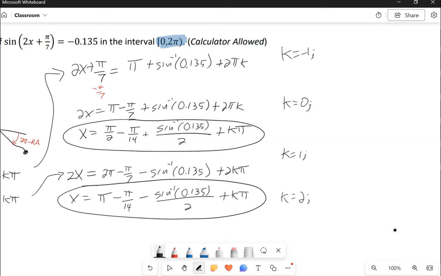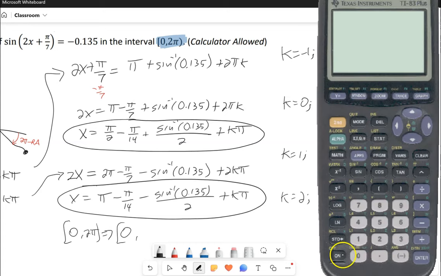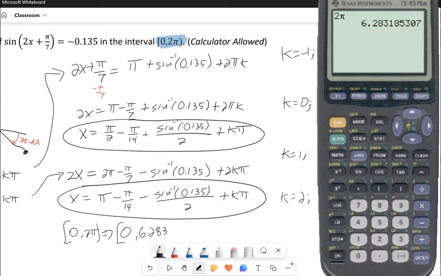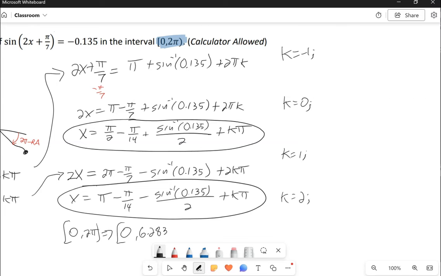Now keep in mind, 0 to 2 pi is 0, and if we look at 2 pi, 6.283-ish. Did I round up? Yeah, I rounded down, so this will be fine.